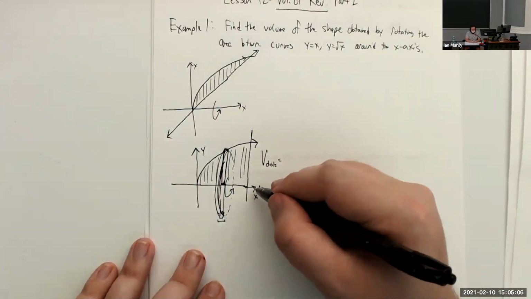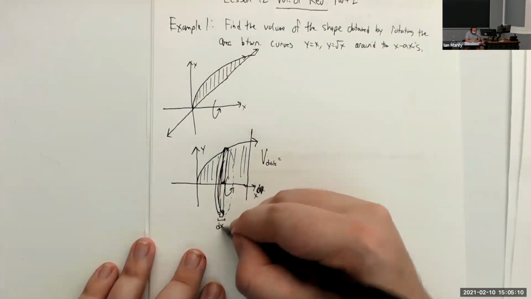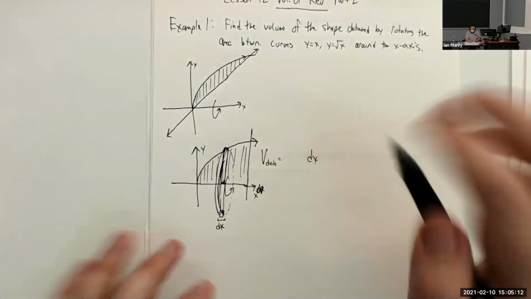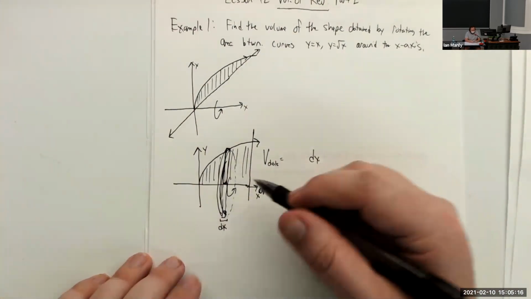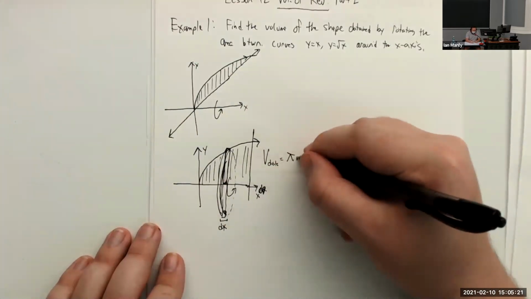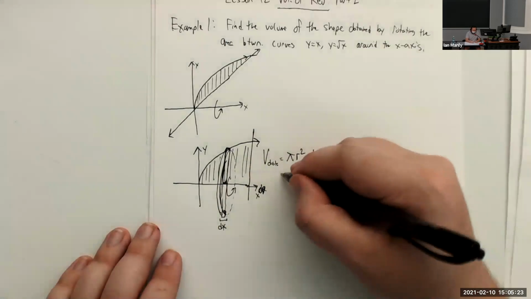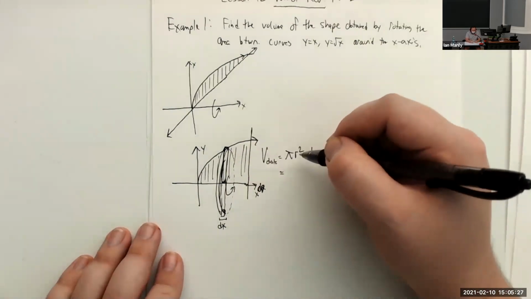Yeah, so this is the x direction, so if we have a tiny amount of distance this way, it's going to be called dx. So dx is like the height of our cylinder, but it's very, very thin. And then we multiply that by the area of the circle, so that will be pi r squared. Okay, now let's see what the radius is.